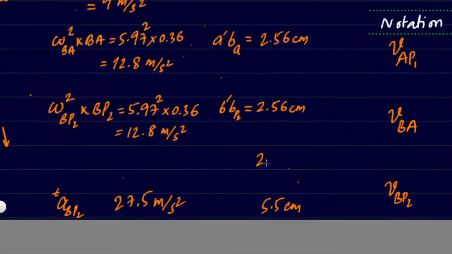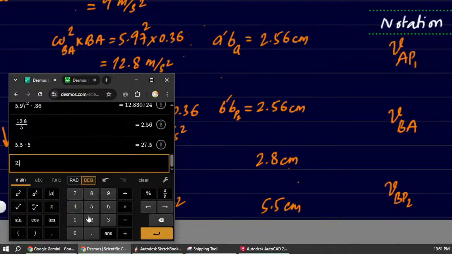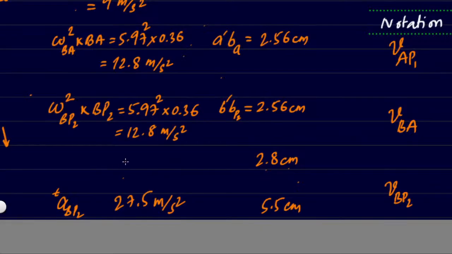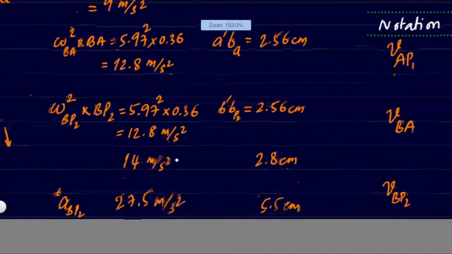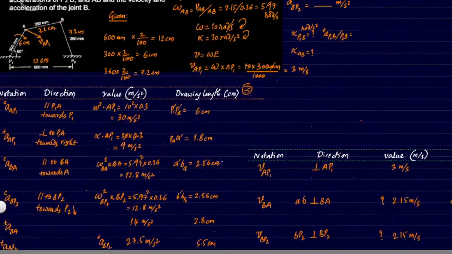This one we take it as 2.8 centimeters. Multiply this with 5. So 2.8 multiplied with 5, 14. So this is 14 meters per second square. So these values we have to use to find angular acceleration.